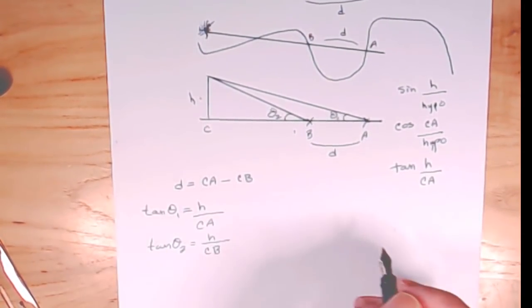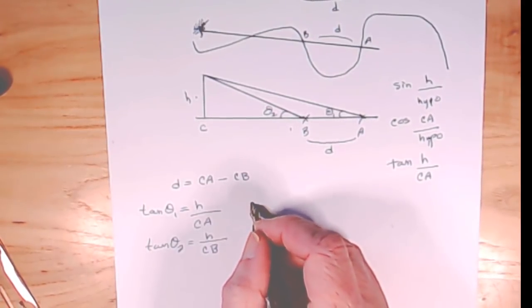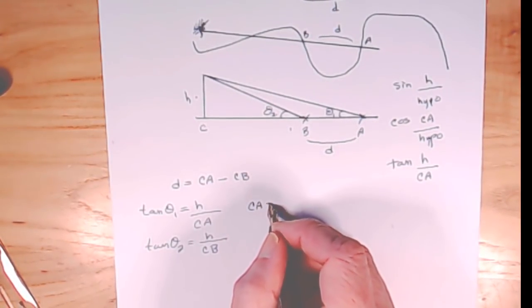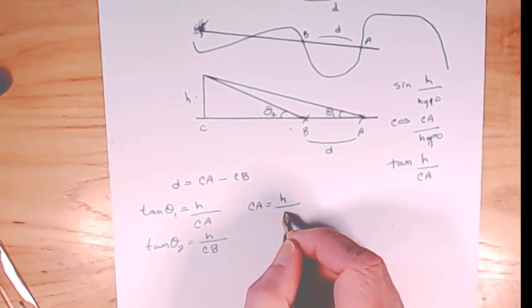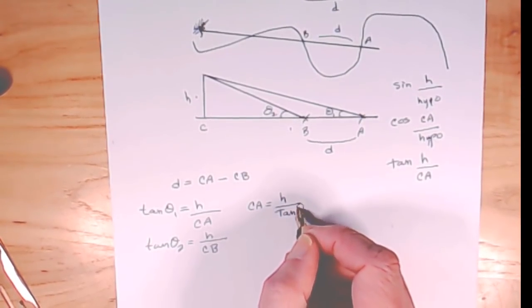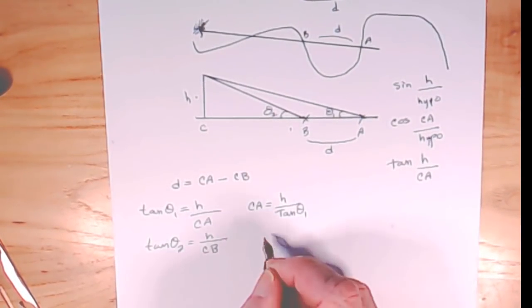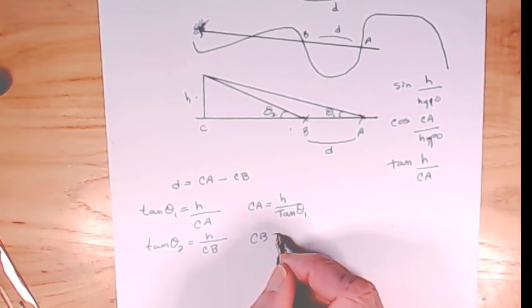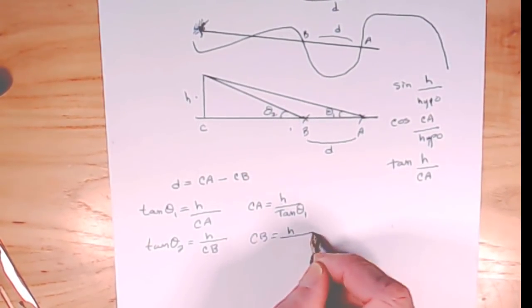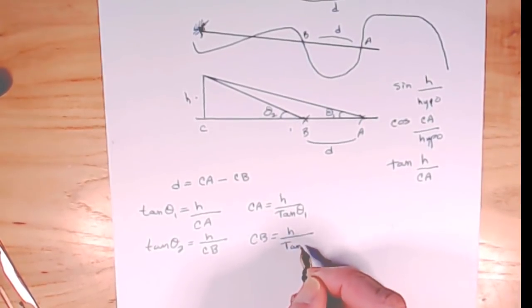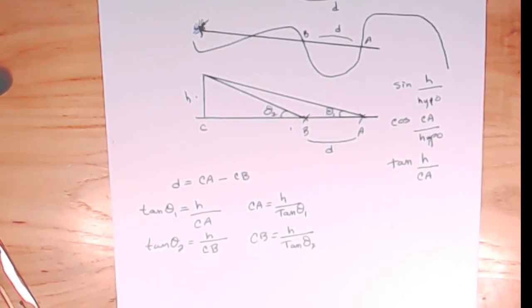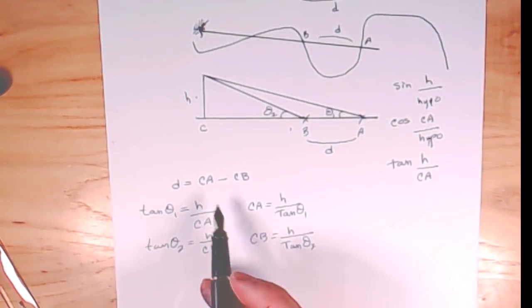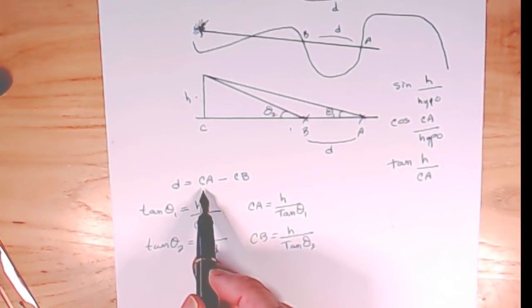So we can rearrange that a little bit and say that CA equals h divided by the tangent of angle 1, and CB equals h divided by the tangent of angle 2. That's pretty straightforward. So now let's go back up to this expression right here.